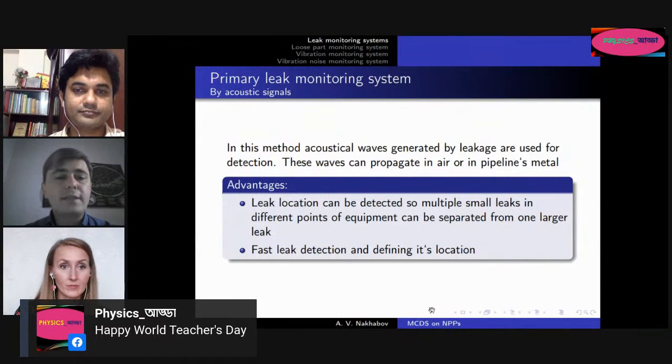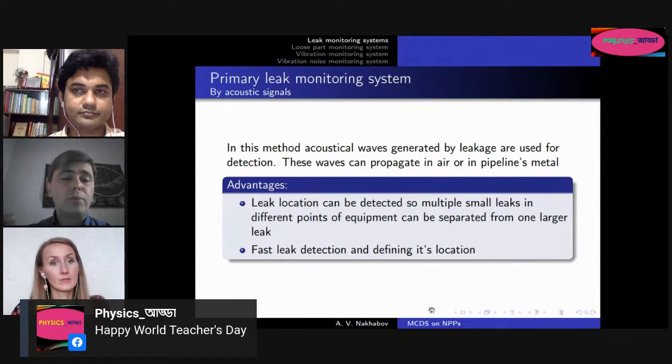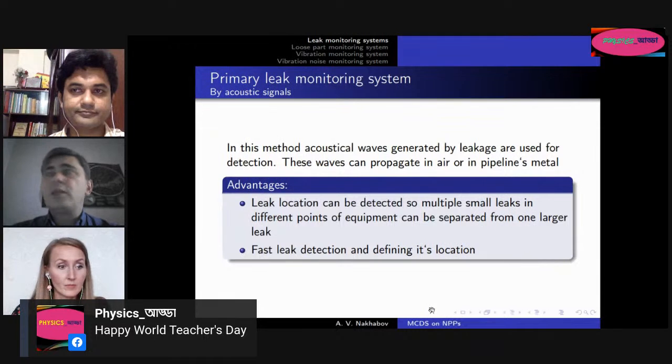But for us, it's much more important to detect not the signal in the air gap, but the signal accompanying the ultrasonic wave in the metal, because during leakage from the pipeline, simultaneously there will be a signal in air and a signal in the metal around this crack. And maybe you know, the speed of ultrasound in metal is much greater than the speed in air.